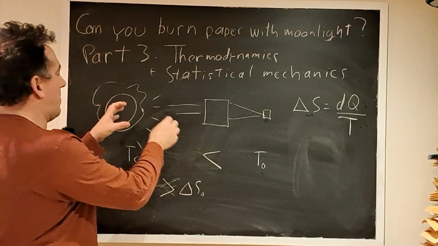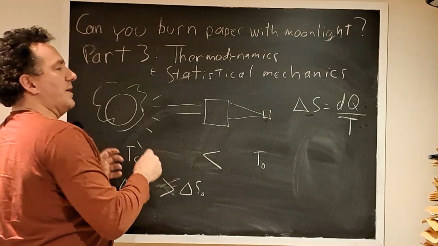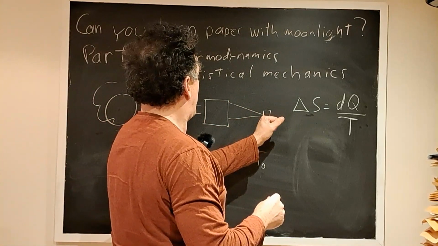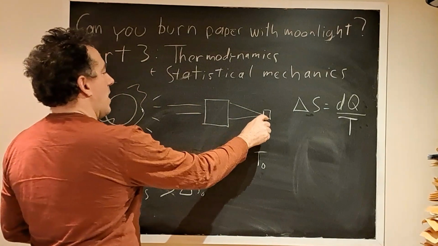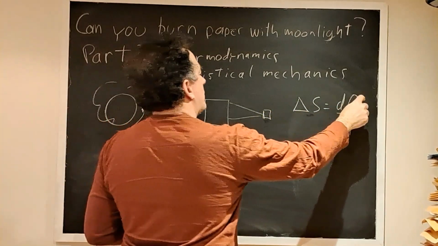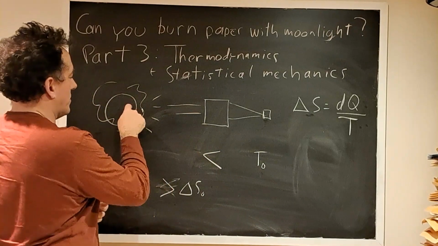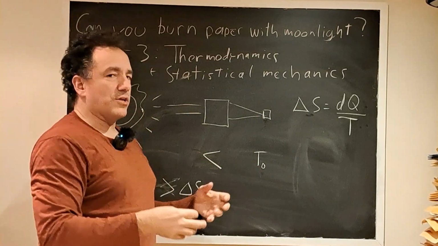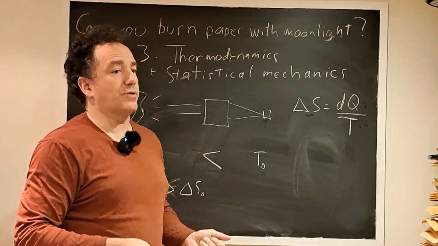We had some light that was emitted, and then the heat was transferred to the new object, but the difference in entropy caused by the deposition of that heat was smaller than the entropy that was lost during emission, and that means that the total entropy of the system would decrease, which is forbidden by the second law of thermodynamics.